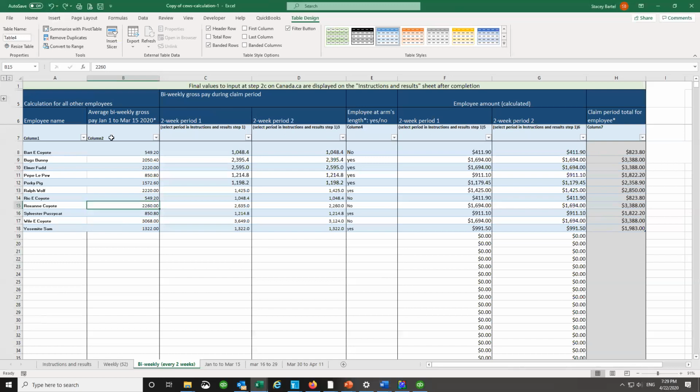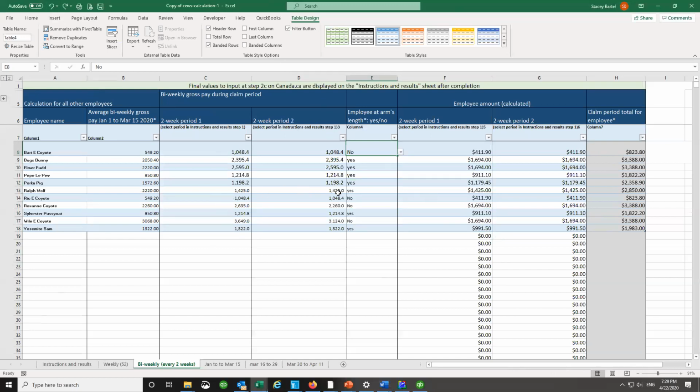Now let's just undo that, because that's not where we're at. So if you can see the calculations on there, you will see that the ones with the arm's length have had special rules applied. Okay, are we good there?